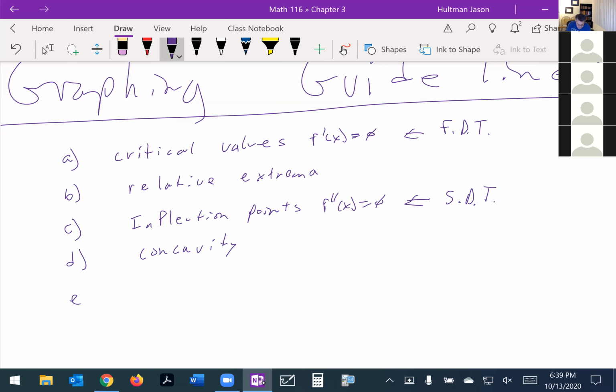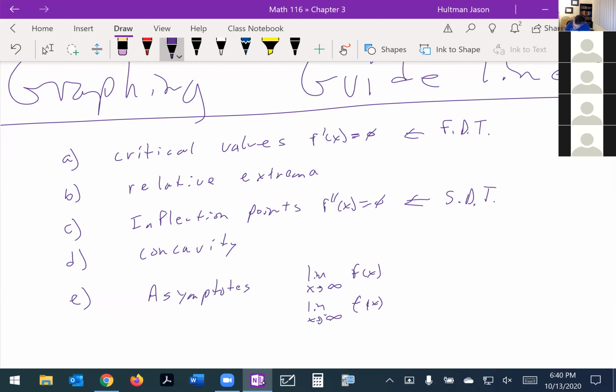Okay, E, we want to look for the asymptotes. That's the limit as x approaches infinity of f of x, and the limit as x approaches negative infinity of f of x.